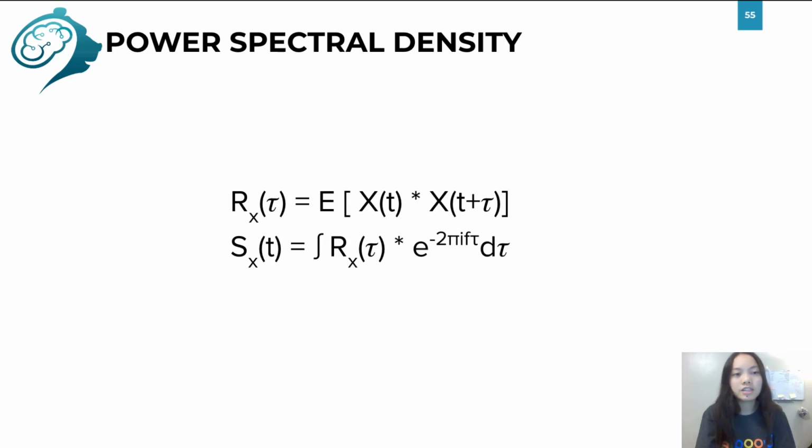And the power spectral density, denoted as S of x, will equal the Fourier transform, which is just an integral from negative infinity to positive infinity of the function R x of tau times the complex exponential, e to the minus 2 pi i f tau, with respect to tau. So this would give you the power spectrum of the signal. If you try to determine the power in each frequency band, it will tell you something about the mental state that you want to describe.